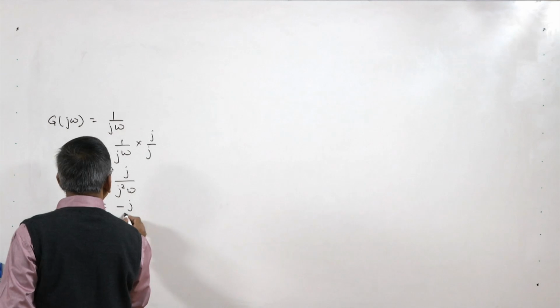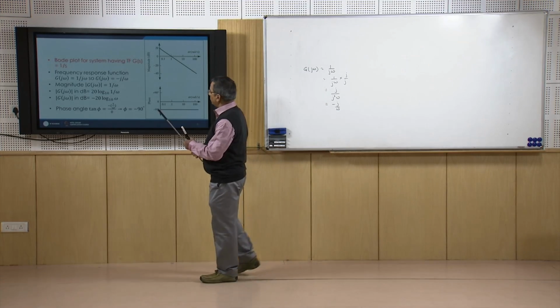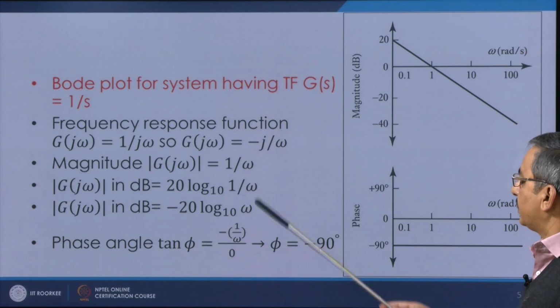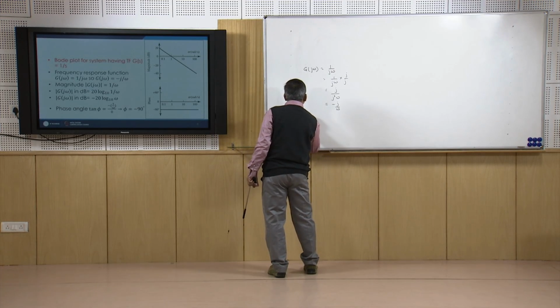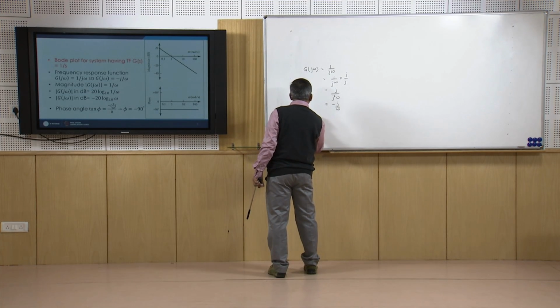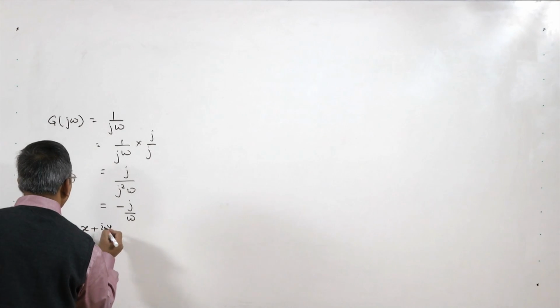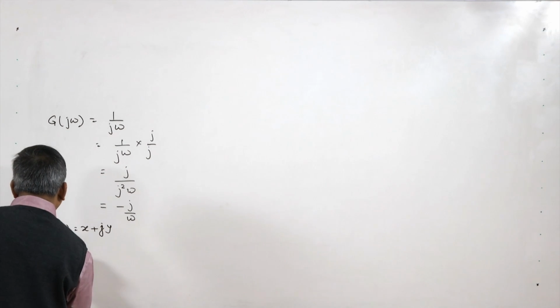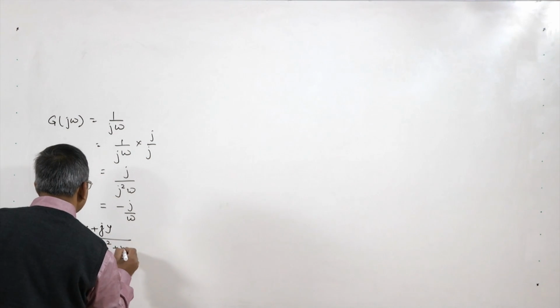So, this is minus j by ω. Now, G(jω) is expressed as x plus jy.